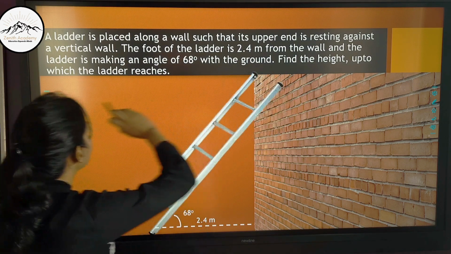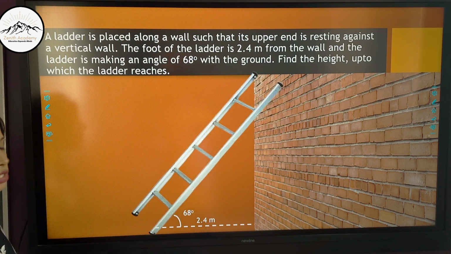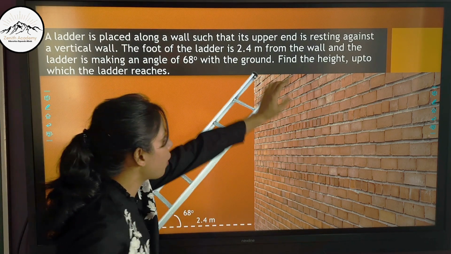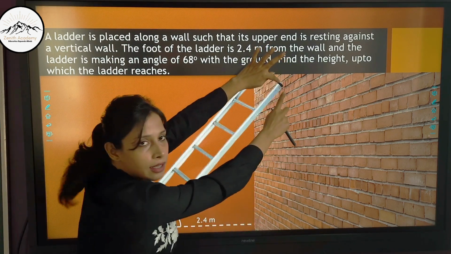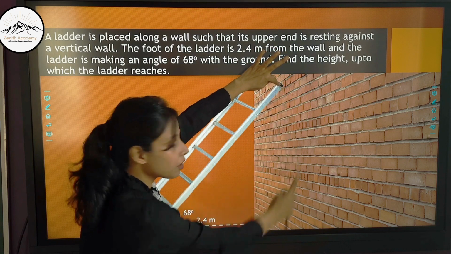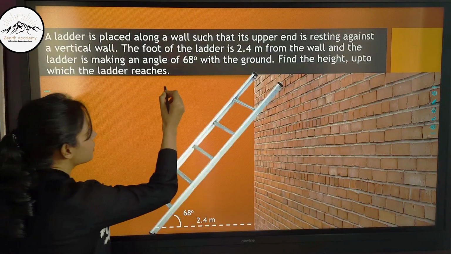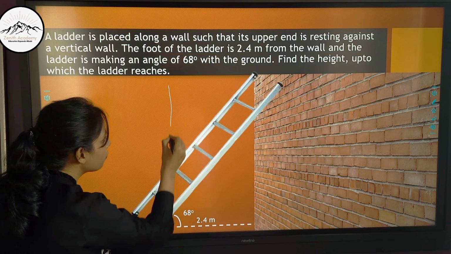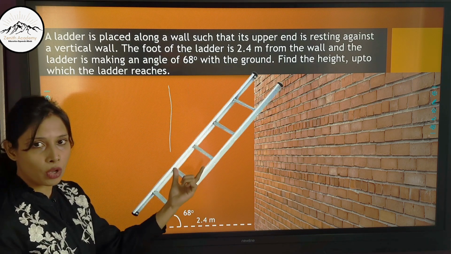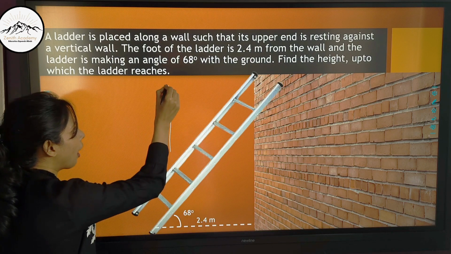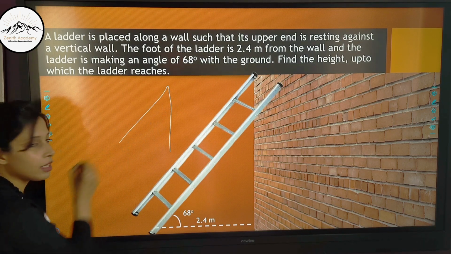Now find the height up to which the ladder reaches. We need to find at which point this ladder is touching the wall. So at which point, that is this height. If we draw it in exam, what we do, this is a straight line, this is the wall suppose, and see this is the ladder tilting against the wall.